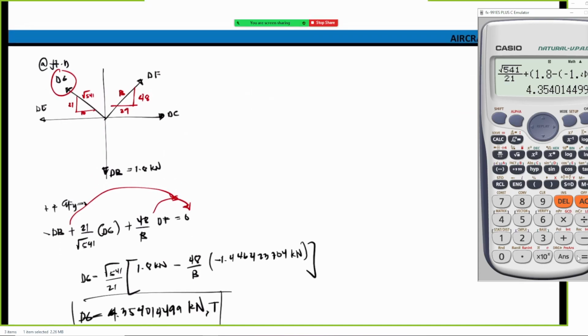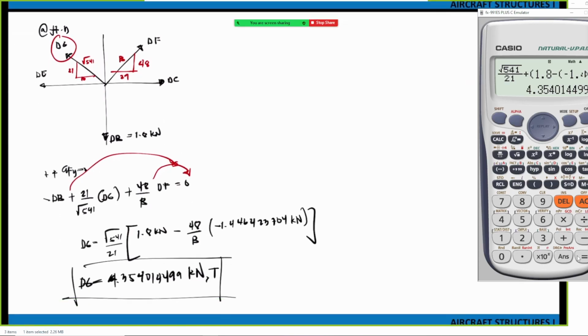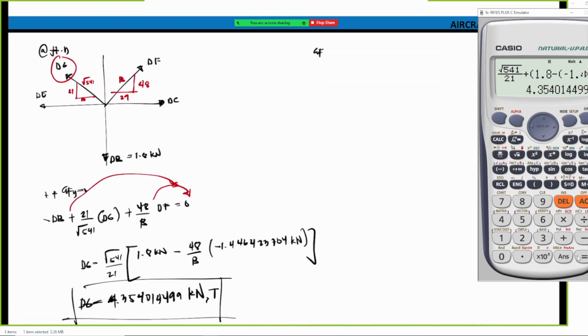Okay, next is at summation forces X. Summation forces X is equal to 0. Going right is positive. Now we have negative DE, positive DC, and then negative 10 over square root of 541 DG plus 29 over square root of B DF is equal to 0.